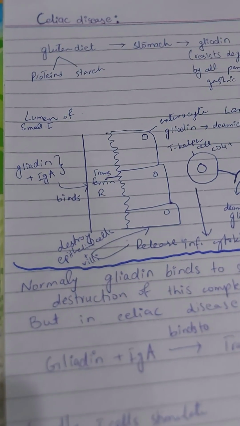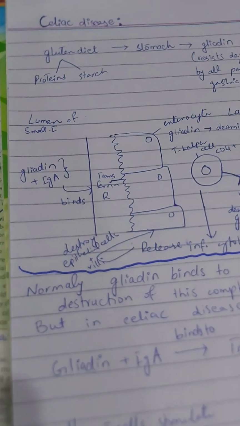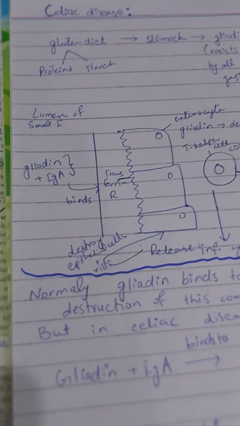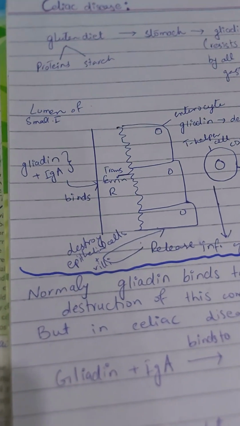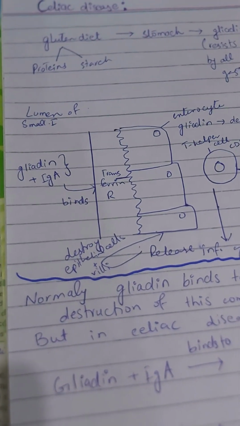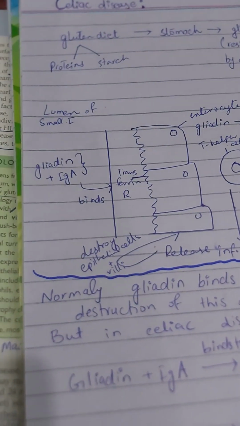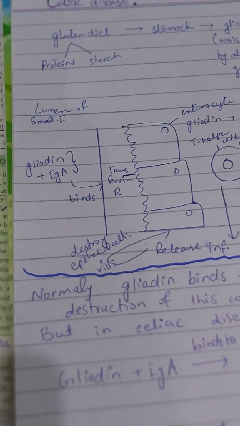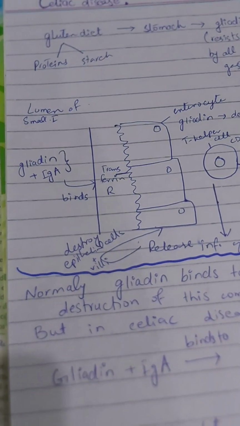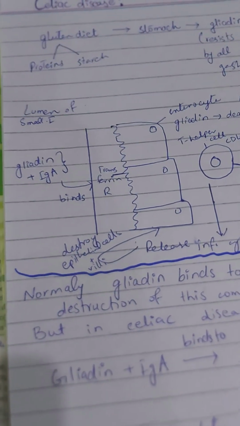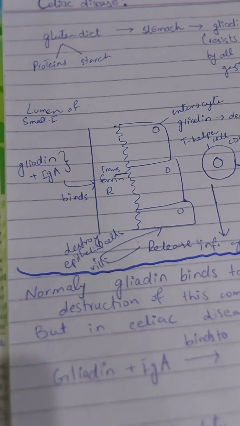Now how is it degraded in normal individuals? It binds to IgA, which is normally present in the lumen of the small intestine attached to the mucosal membranes. It binds with the IgA protein, and this complex is destroyed. So in this way, gliadin is removed from the body.